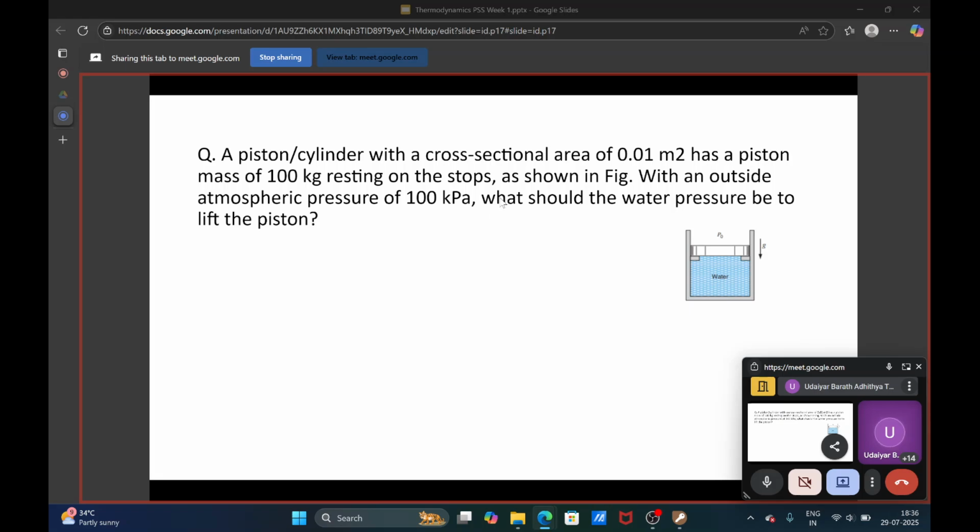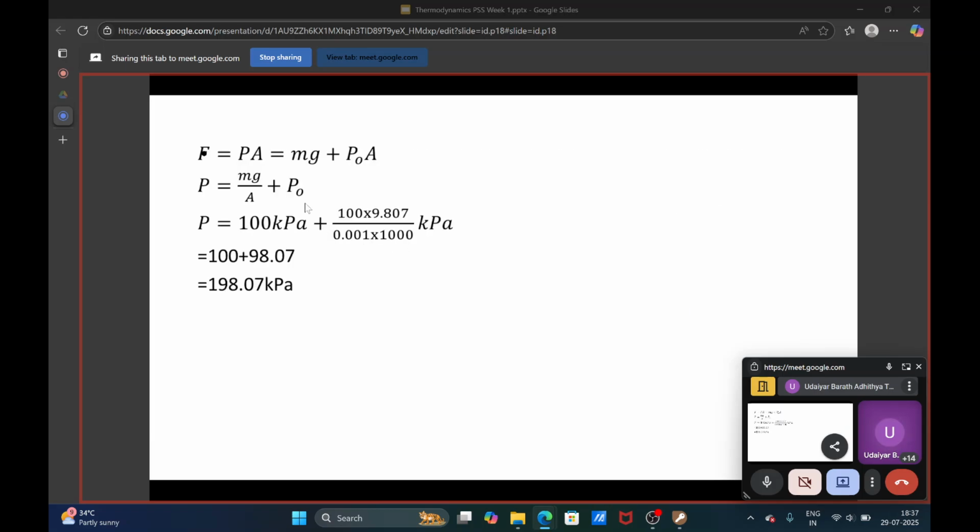So that is given, which is atmospheric pressure which is acting. And second is the weight of the piston. So you have 100 kg of weight. So the force which will be exerted on the water is 100 times g divided by the area. So that will be the pressure.